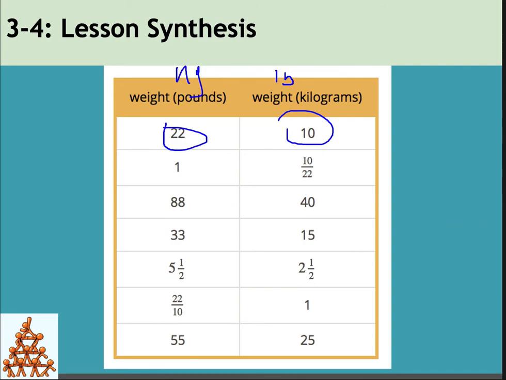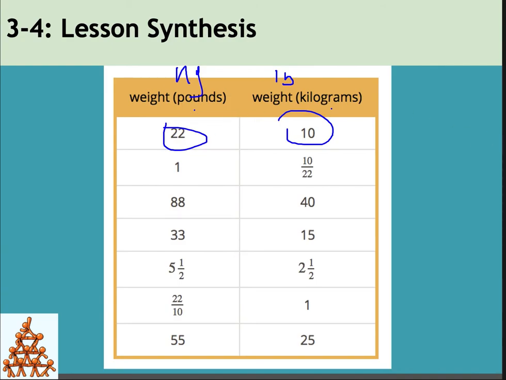What I need you to make sure that you understand, when we have two measurements, such as pounds and kilograms, and we're measuring the same object, such as a dog or a cat, or a brick, or socks, or your phone or a pencil, like in our Unit 3, Lesson 3 stations that you did, is that no matter what object or animal you are weighing, even if you're measuring it in kilograms versus pounds, it still weighs the same.